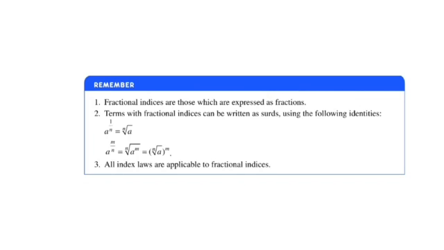Number 2, terms with fractional indices can be written as surds, which we've been doing, using the following identities: a to the 1 over n is the nth root of a, and a to the m over n, as we worked out earlier, is the nth root of a to the m, or if you like, the nth root of a, all raised to the power m, okay? And lastly, we know that all index laws are applicable to fractional indices. Okay, off you go. Lots of practice for you, and we'll see you soon.